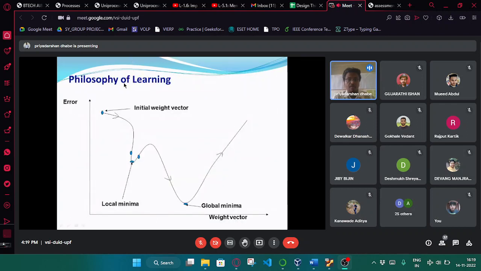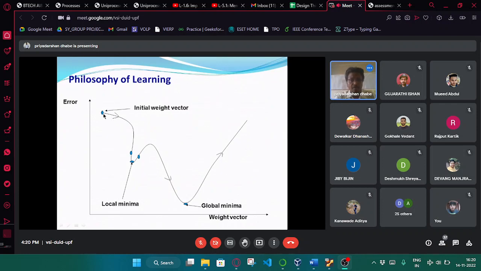So we are training the neuron in such a way that in the process of training or learning, the neuron adjusts its weight vector or weights. Let us say we have initialized the weight vector close to zero. Before starting the training, we need to initialize the weight vector close to zero, containing plus values as well as minus values, for example minus 1.5, plus 0.12, such kind of values.